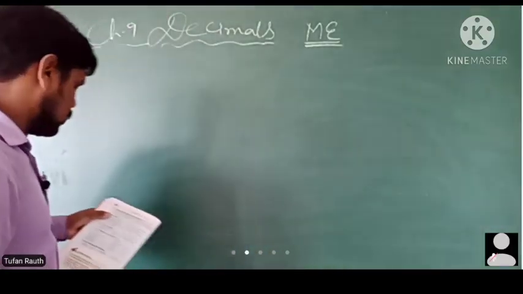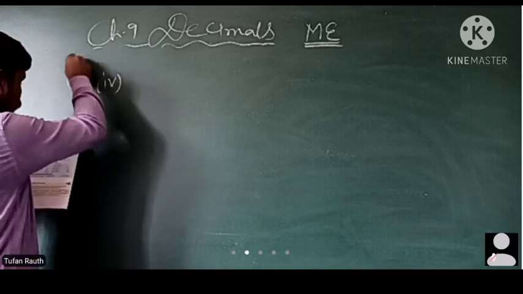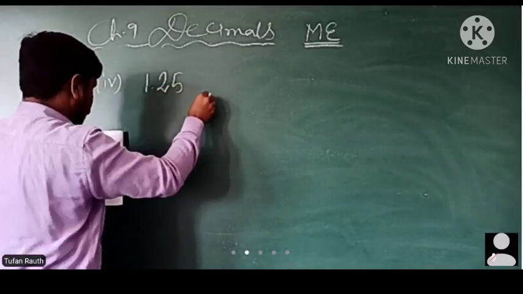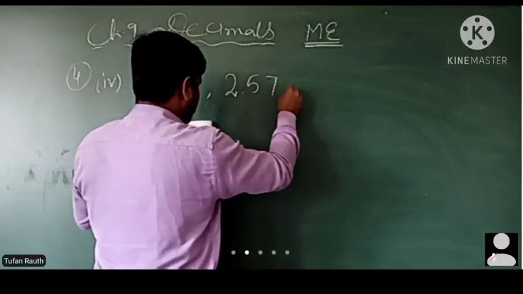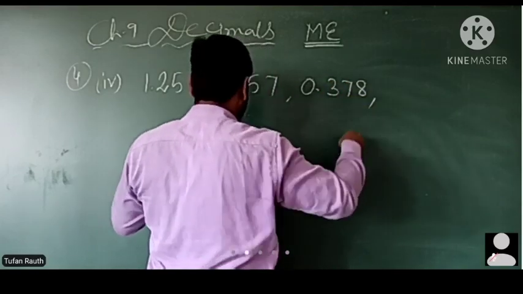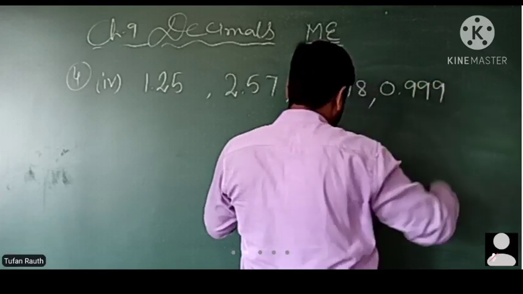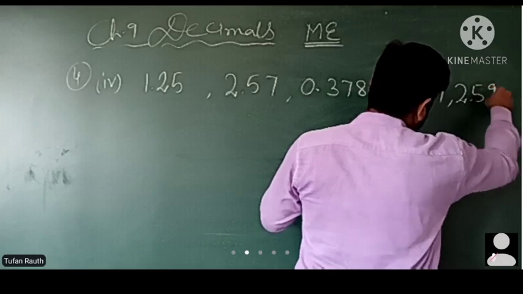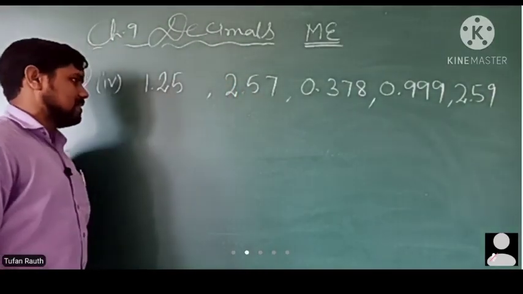So suppose the fourth question which I am talking about, question number 4: 1 decimal 25, 2 decimal 57, 0 decimal 378 and 0 decimal 999 and 2 decimal 59. So these are the numbers which are given and you have to arrange in ascending order.